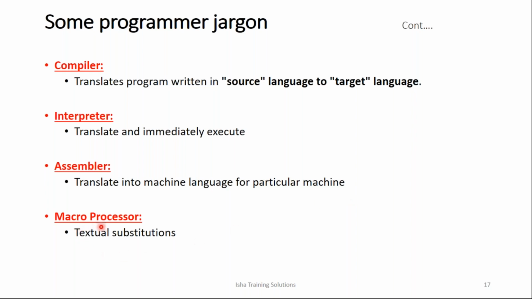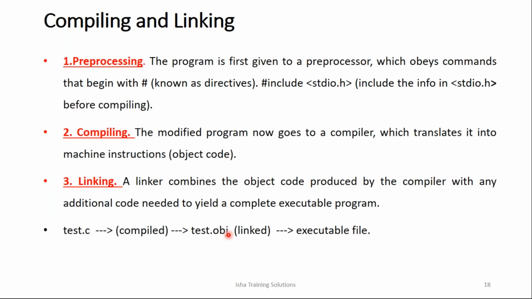Next one is a microprocessor, textual substitutions. It is simply some sort of processing unit that is present in the editor. Next, compiling and linking. These are the three phases we discussed at the beginning of today's class and yesterday. Initially, we simply type the program, and it is nothing but pre-processing.